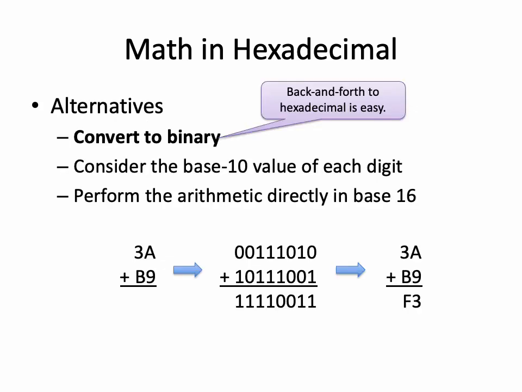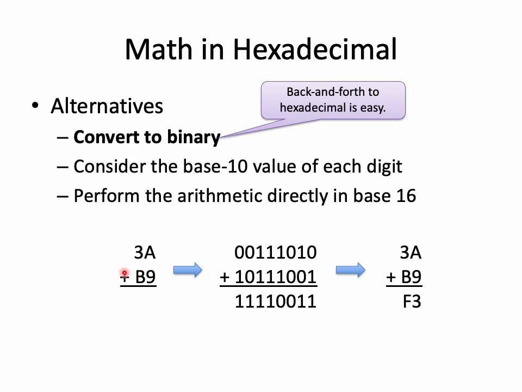If you want to convert to binary, we already know that a single digit is going to be 4 bits in binary. So A is 1010, and 3 is 0011. So I can write it out that way.